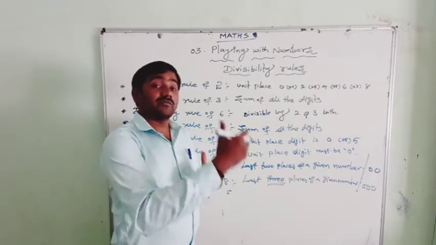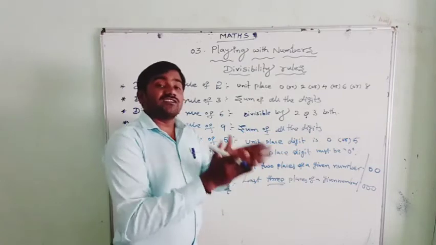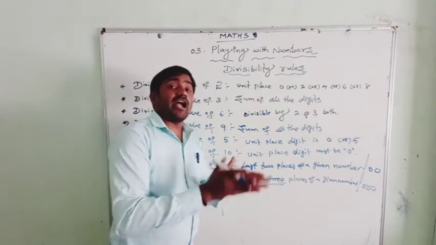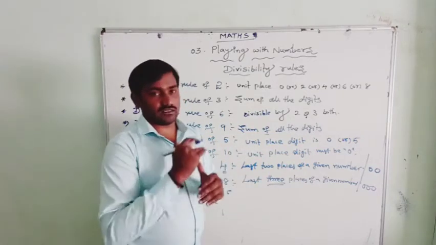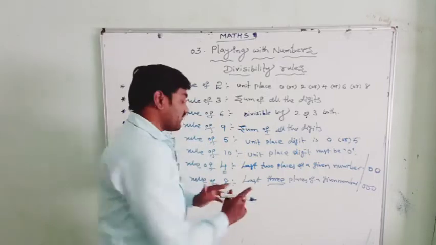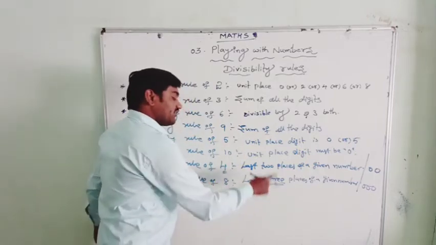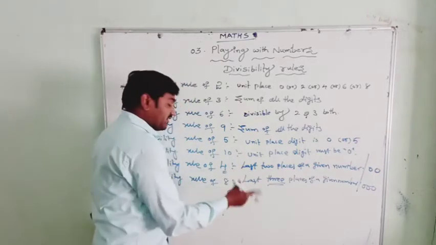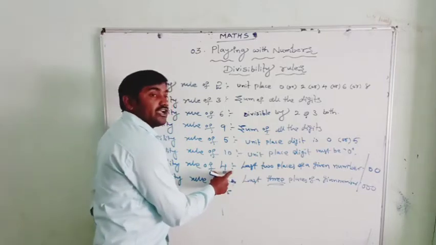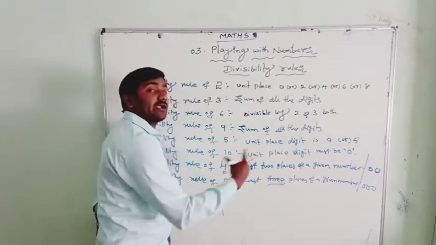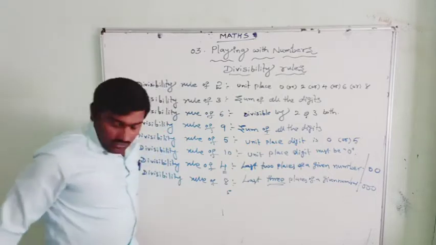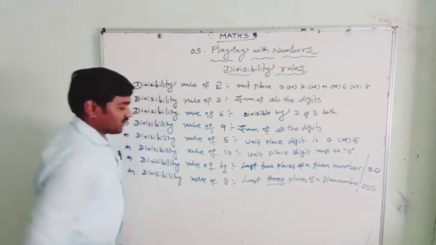But if a number is divisible by 4, it may or may not be divisible by 8. We need to check it once. So I hope you understand. I hope you don't require an example for this.